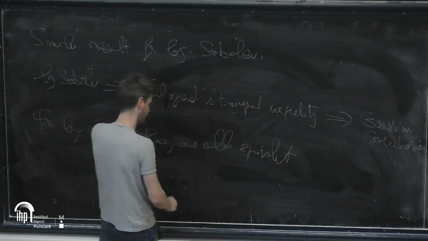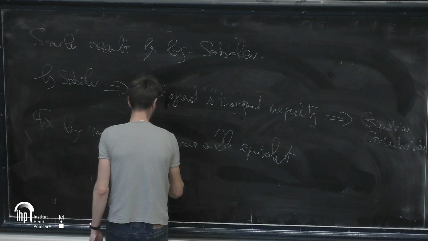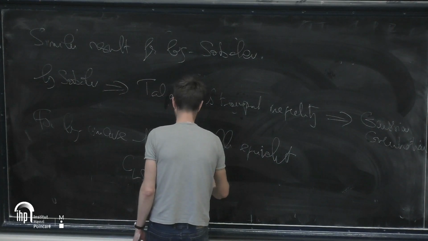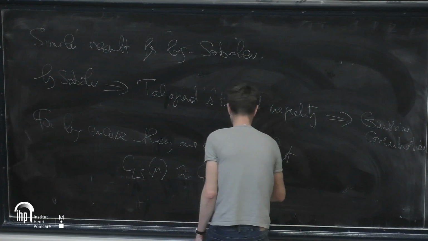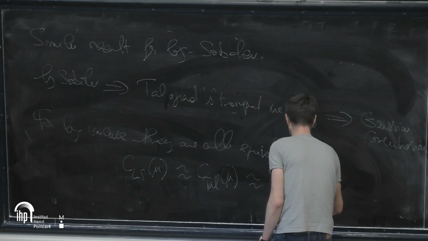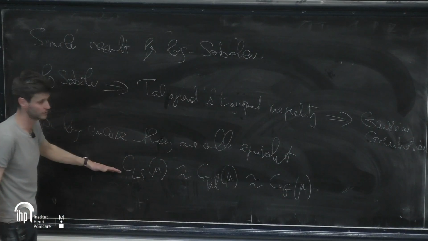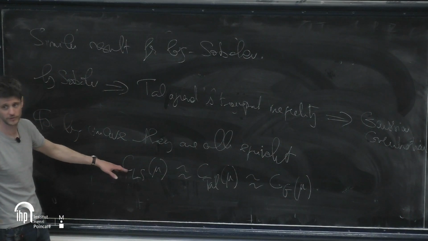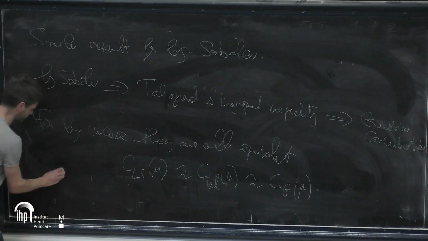I mean that the log Sobolev constant of mu would be pretty much the same as the Talagrand constant of mu, which is the same as the Gaussian concentration constant of mu. So this is somewhat parallel to the result for Cheeger and Poincaré. And this is also due to Emanuel Milman.